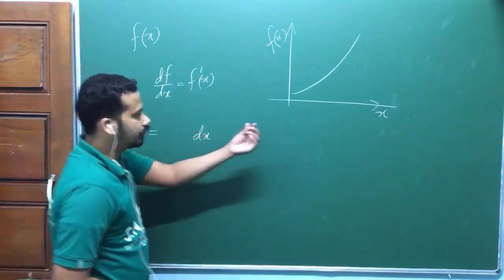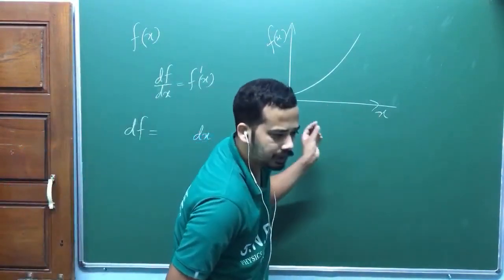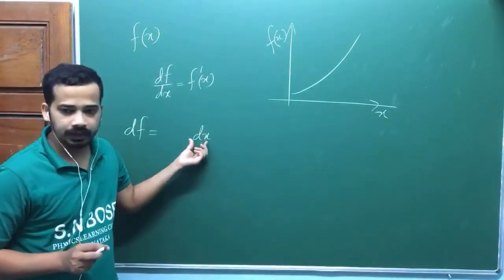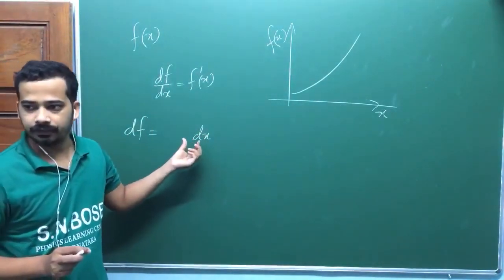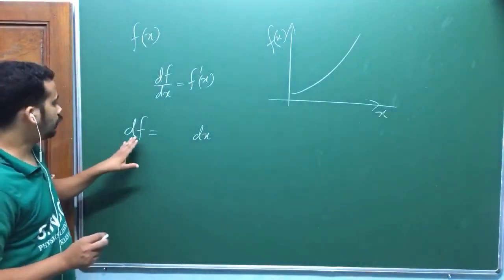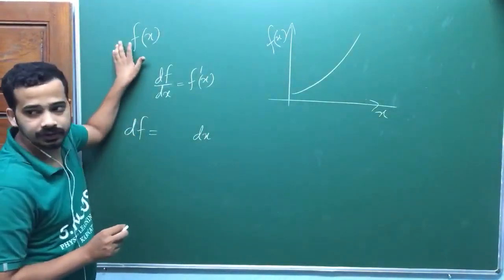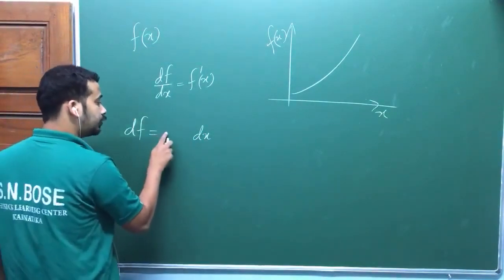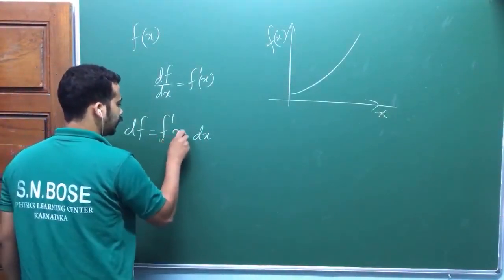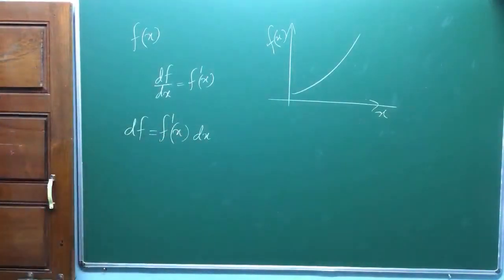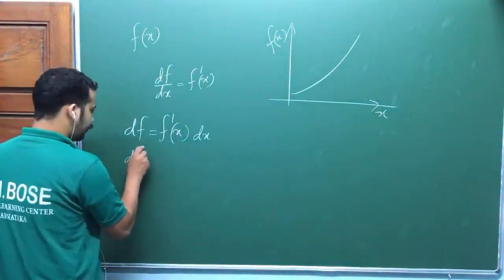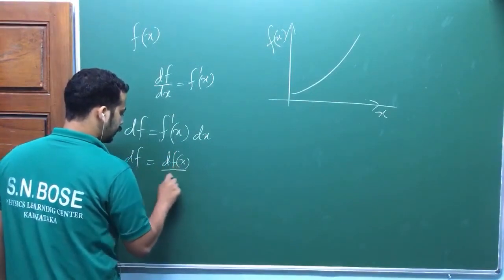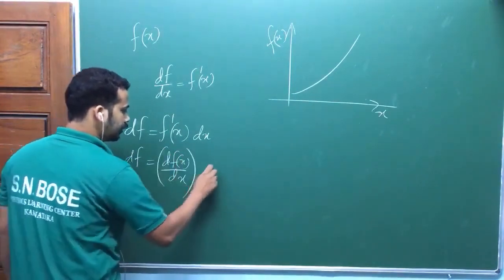When you change this independent variable by a very small, infinitesimal amount, how does this function change? How much is the change of this function? So this one is f dash of x actually. Or you can write like this: df is equal to df of x by dx into dx.